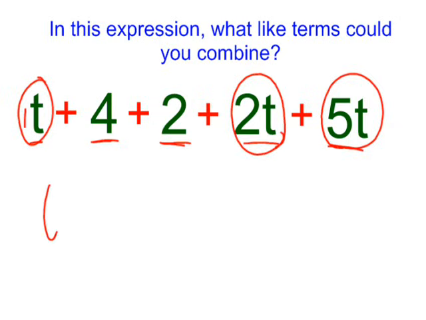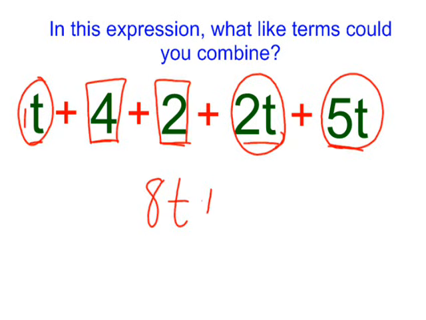Remember, if there's just a variable with no coefficient in front of it, 1t is the same as just t. So we have 1t, and then we have 2t and 5t, so you could combine all those terms to 8t. And then we could also combine our numbers. So this would simplify to 8t plus 6.